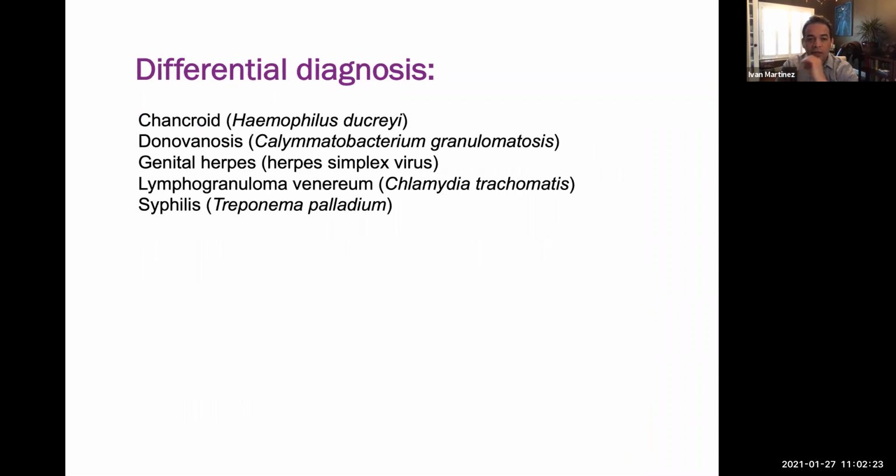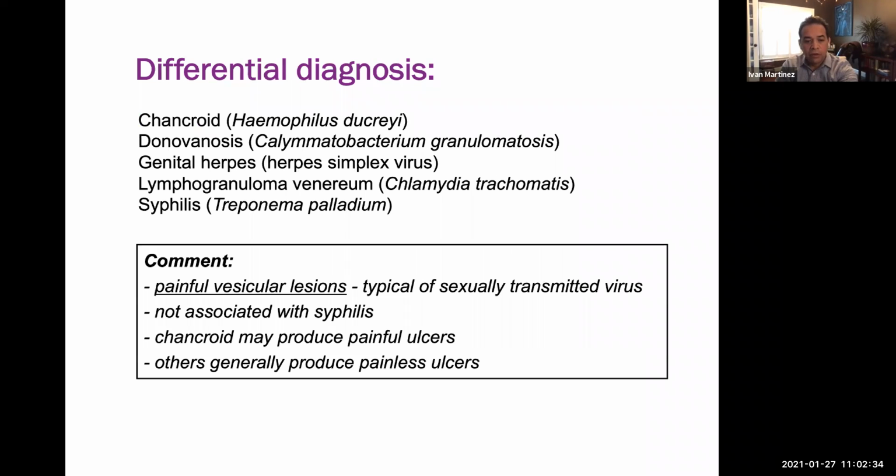So, of course, the differential diagnosis includes chancroid, genital herpes, syphilis, chlamydia, and so on. Comments: they have a painful vesicular lesion, typical of a sexually transmitted virus, not associated with syphilis. Chancroid generally produces painful ulcers.